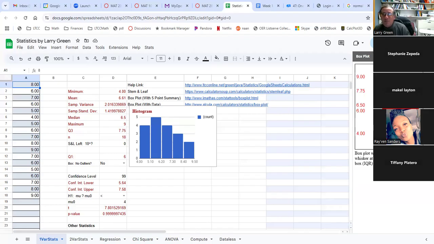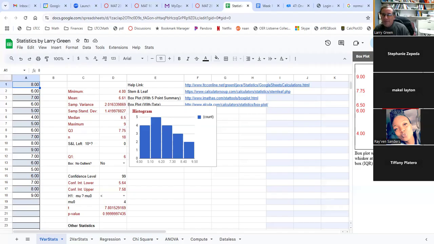Okay, so this is what's called the box plot. Often they'll call it box and whiskers plot. Kind of two names for it. Sometimes box and whiskers, because you can kind of see a box here, and then you can see here at the top and the bottom, they call these whiskers. And they say this describes what's called the 5-point summary. So this bottom, which is 4, that is the minimum. This 9 here at the top, that's the maximum.